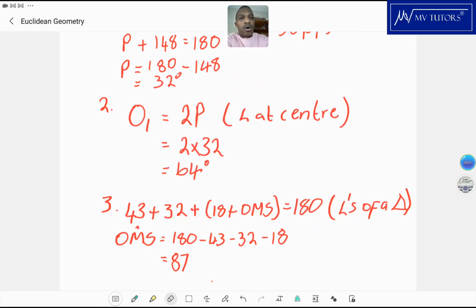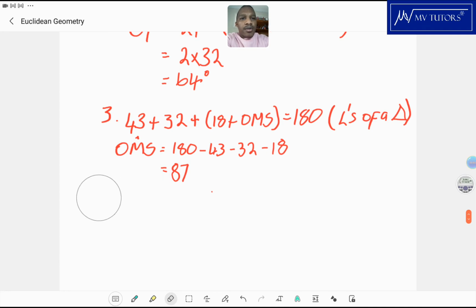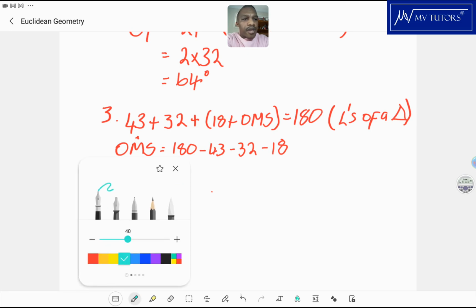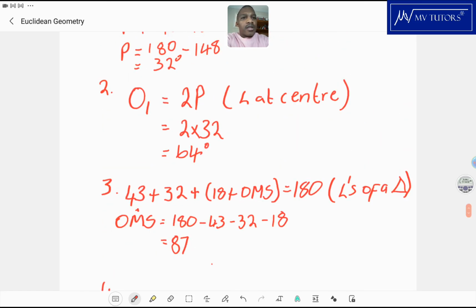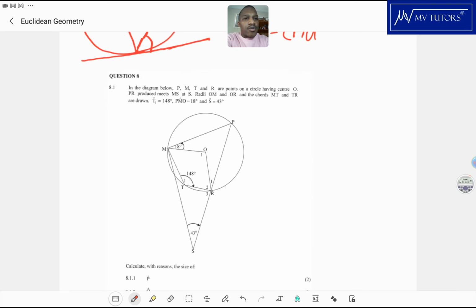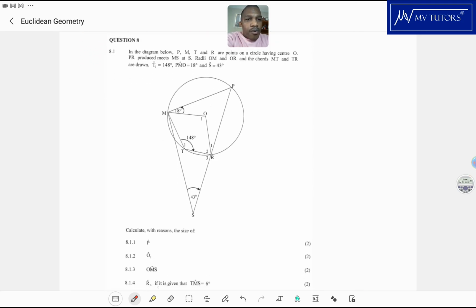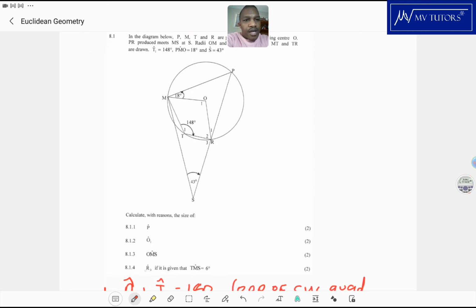Okay, let's go on and do the last question, which is question 4. I just rubbed out the things on the top there because I didn't need them. I rubbed out what was irrelevant. So what is relevant here? Let's say R3 if TMS is equal to 6.